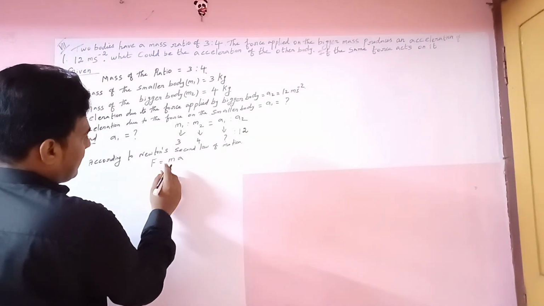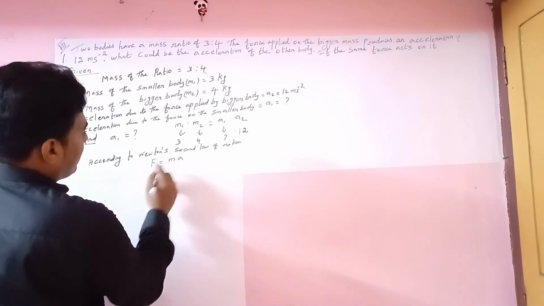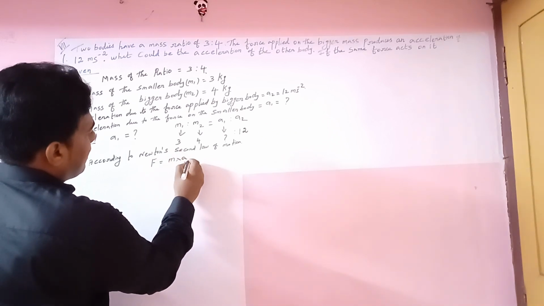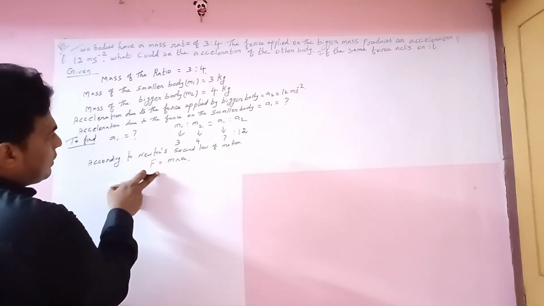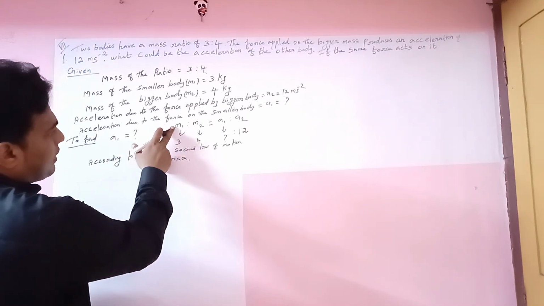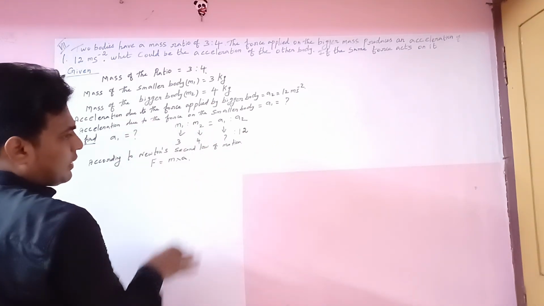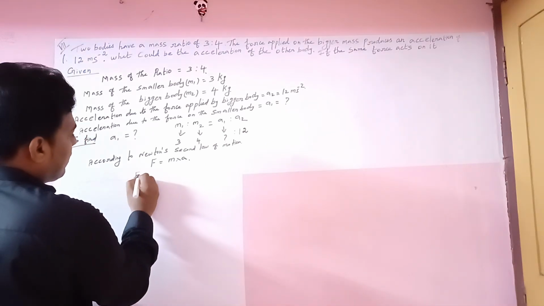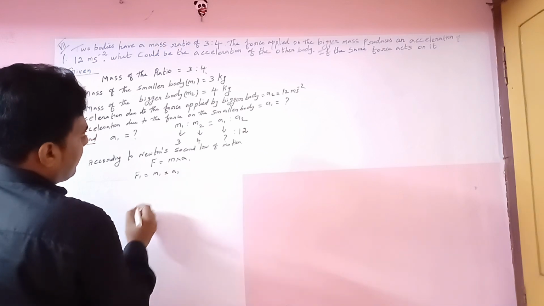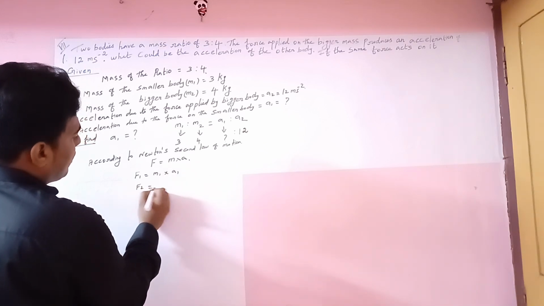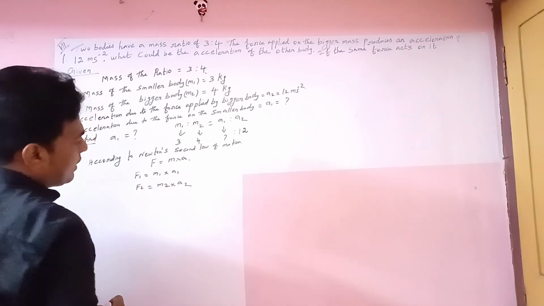Because we have to consider two point masses, two forces will act on them. So F1 equal to m1 into a1. Next, what is the F2 value? F2 equal to m2 into a2.